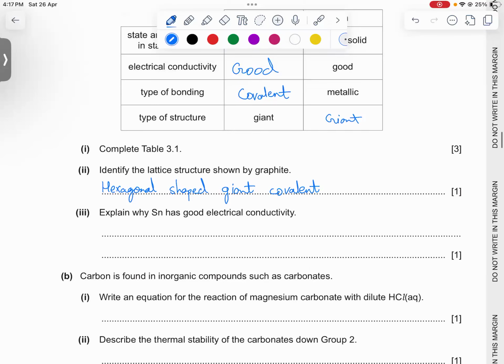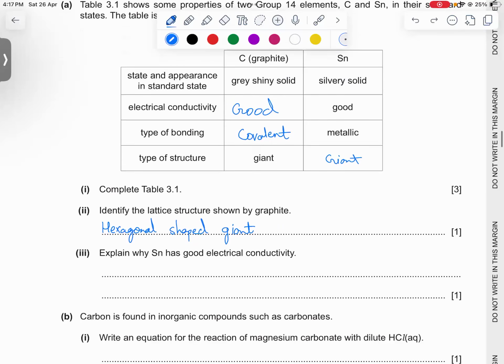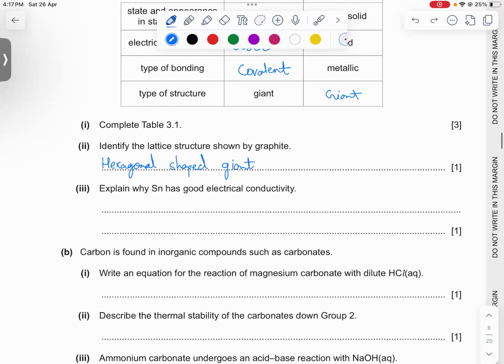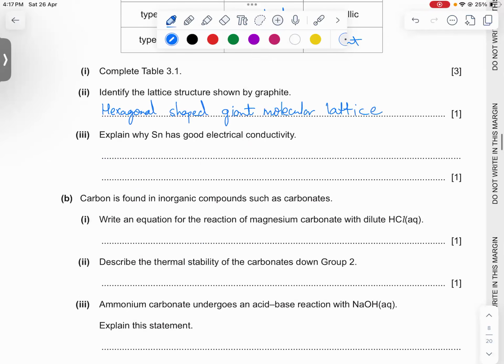If I wrote both the words covalent and giant over here, that would make it a little difficult for the examiner. I mean, examiners don't really repeat questions. So we could use another word other than covalent, we can use the word molecular. Giant molecular lattice, hexagonal shaped giant molecular lattice. We can say that.